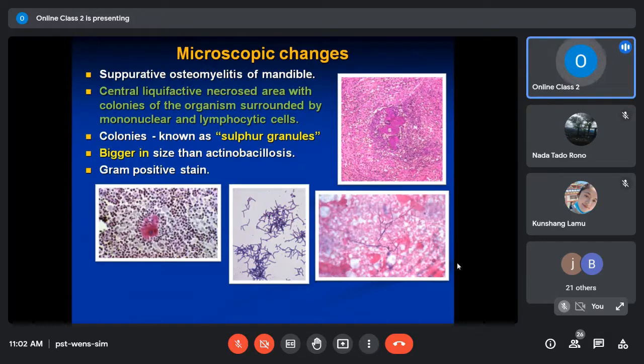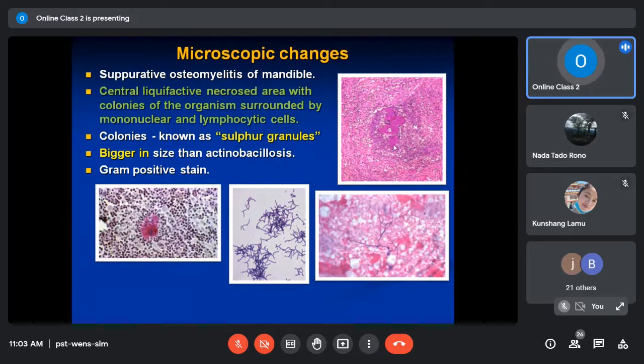The bones, like the mandible and jaw, may show an inflammatory reaction that we call suppurative osteomyelitis, mainly of the mandible. In sections, there is a central liquefactive necrotic area with colonies of bacterial organisms, surrounded by many Actinomyces bovis organisms.